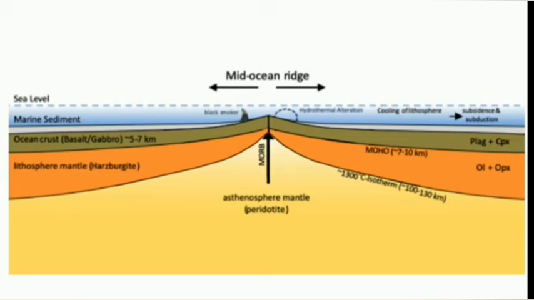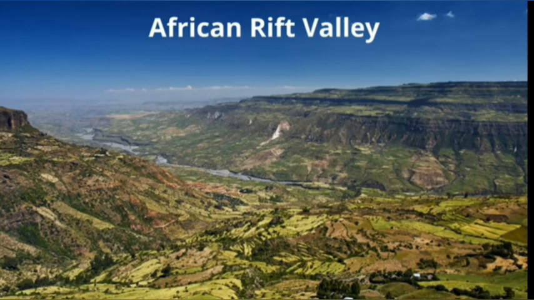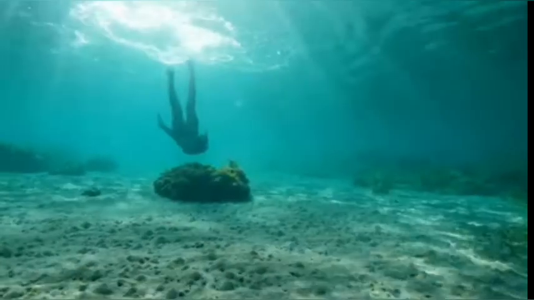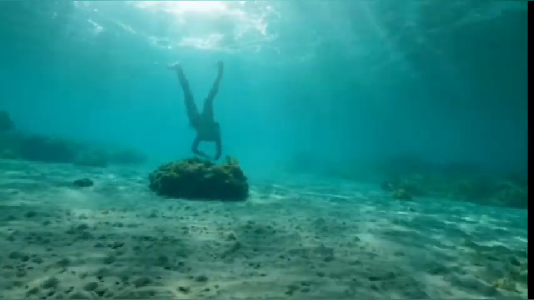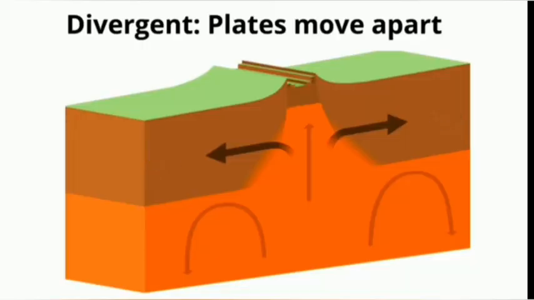Because plates are moving apart from each other, so the land between the two movements becomes open and deep. During this, rift valleys, which are continental, or mid-ocean ridges, which are oceanic, boundaries are formed. The best examples are East African Rift Valley and Mid-Atlantic Ridge.